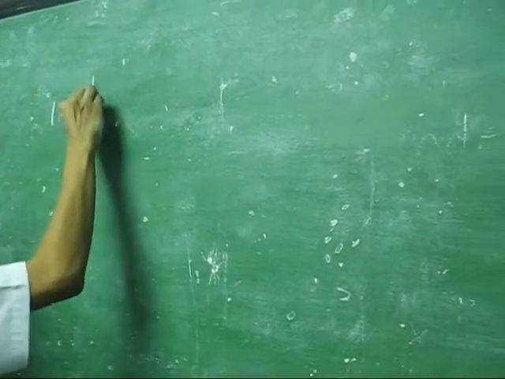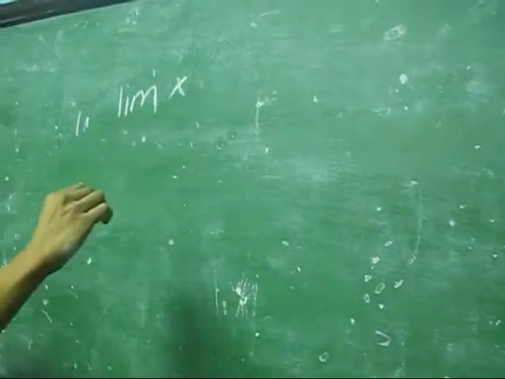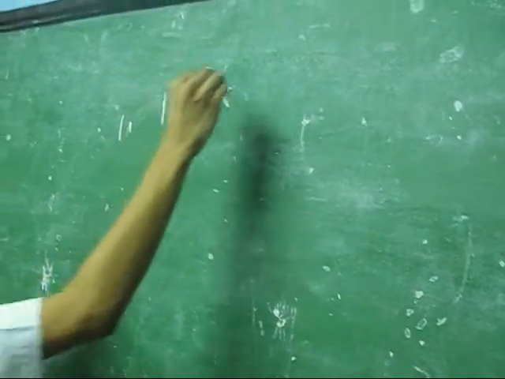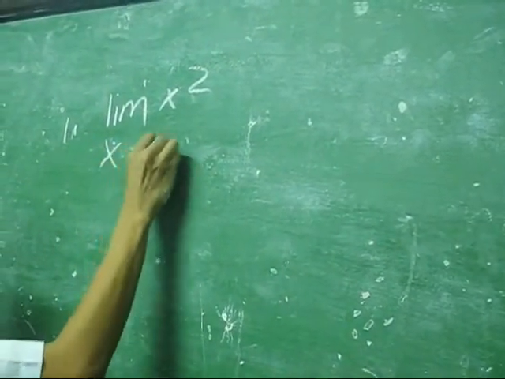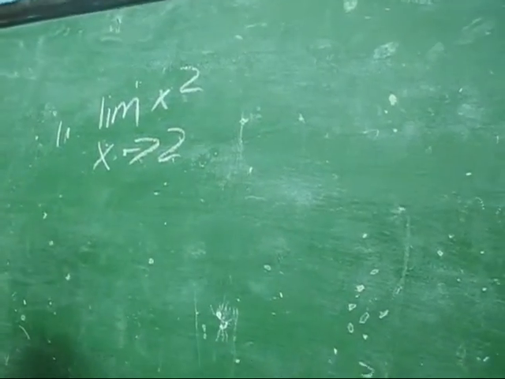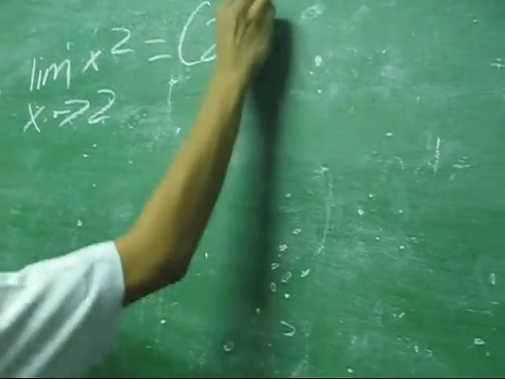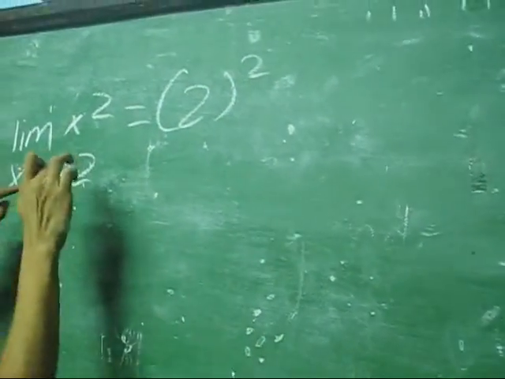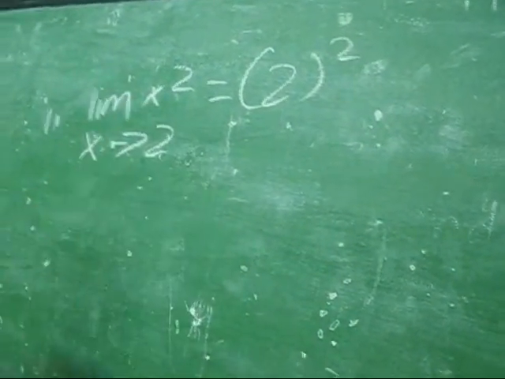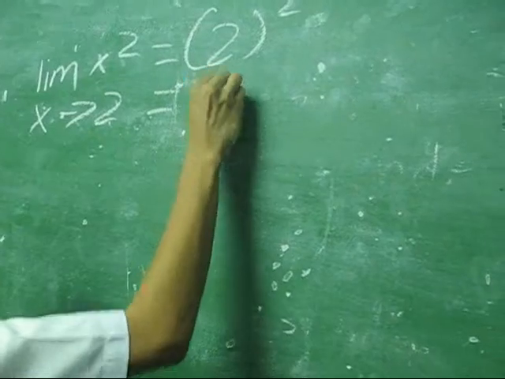For our first example, for our first property, let us give limit of x squared as x approaches 2. It will be equal to 2 squared. We will only substitute 2 to x. So our answer will be simply 4.